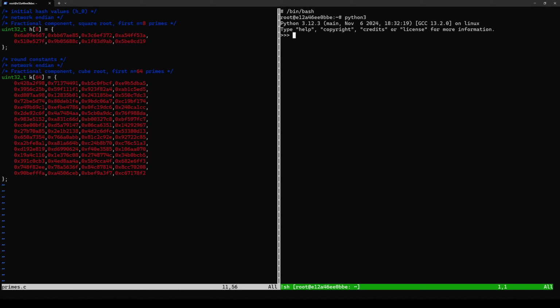The first prime number that I'm aware of is 2. The square root of 2 is 2 to the 0.5 power, which is 1.414, and some other stuff after the 414. And so the fractional component of that is 0.414. So we'll say that's the fractional component. There you have the fractional component.